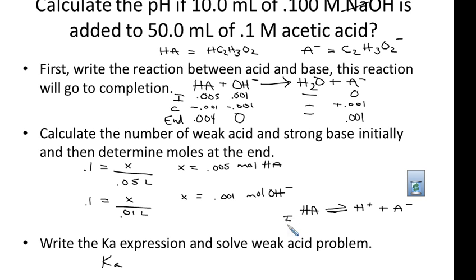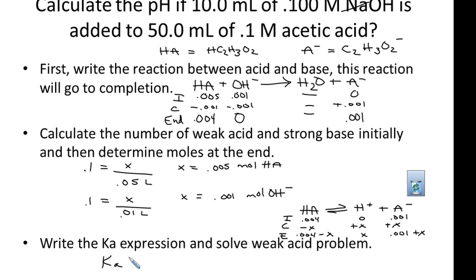And I can make an ice table for this. I start with 0.004 moles of this, none of this, and 0.001 moles of that. Because I have no hydrogen, I'm going to lose and gain here. And I'm going to have 0.004 minus x, x, and 0.001 plus x.